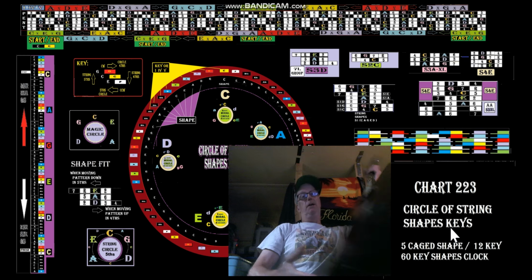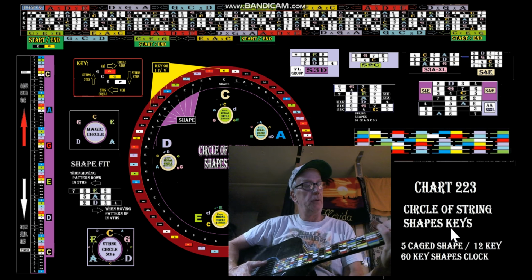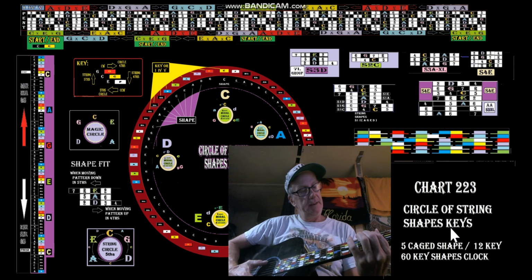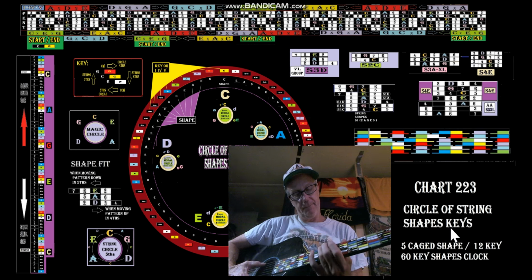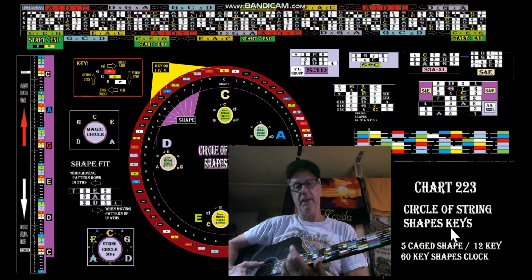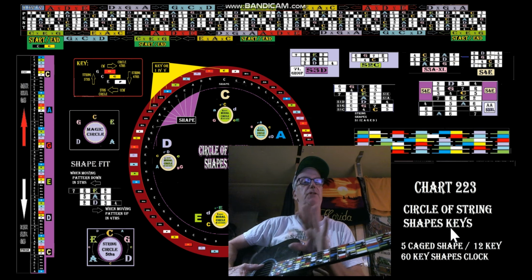This is, of course, the 12 keys, so it would be E, F, F sharp, G, G sharp, A, A sharp, B, C, C sharp, D, E flat and E. Now I do them in flats. You're going to see this whole thing is done in flats.